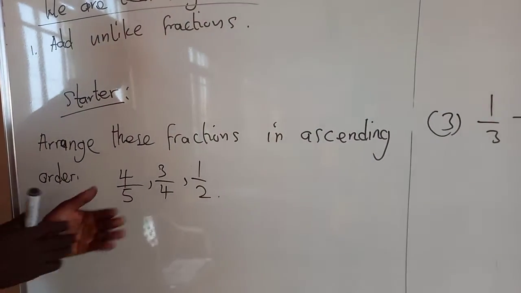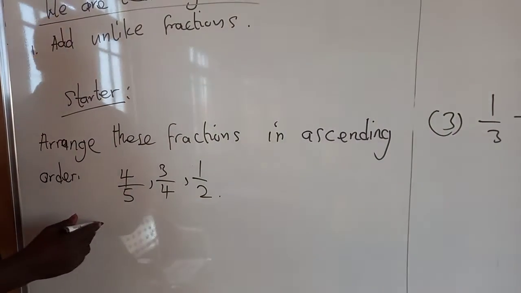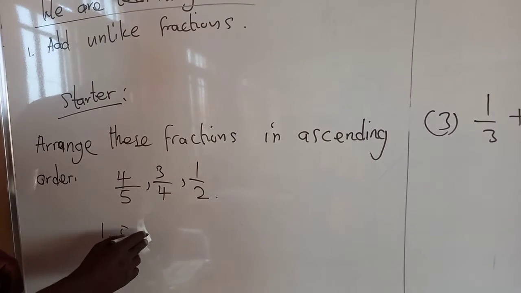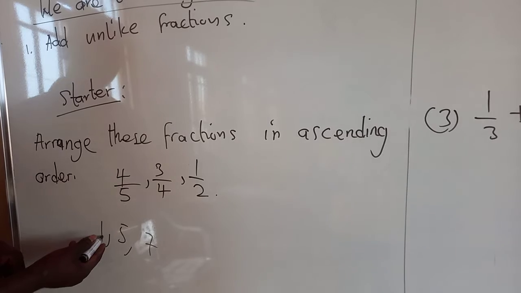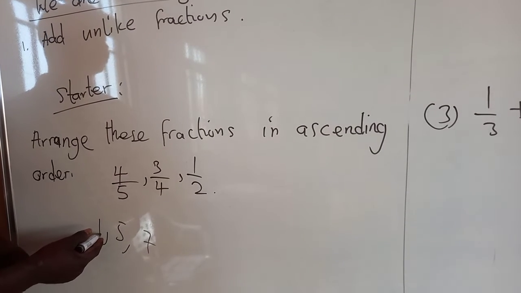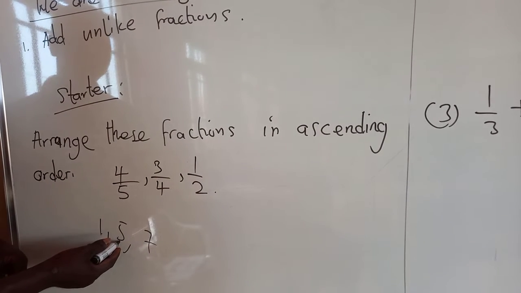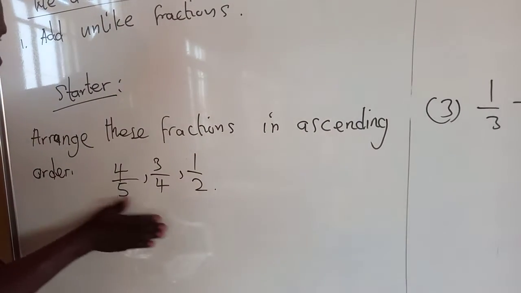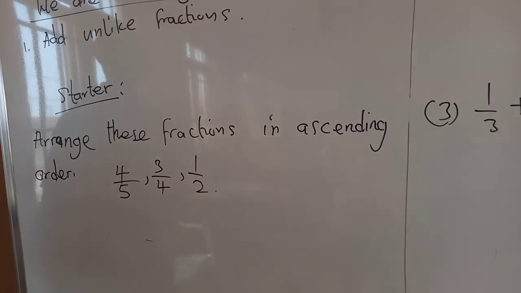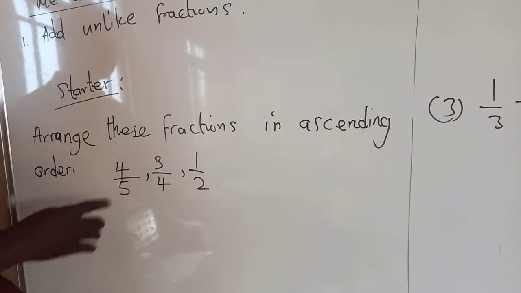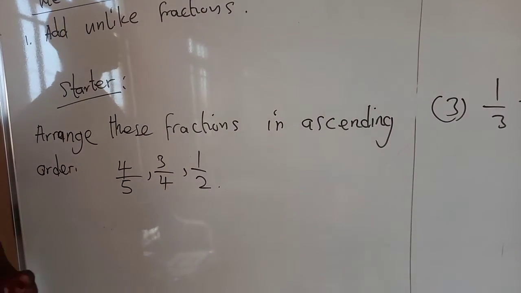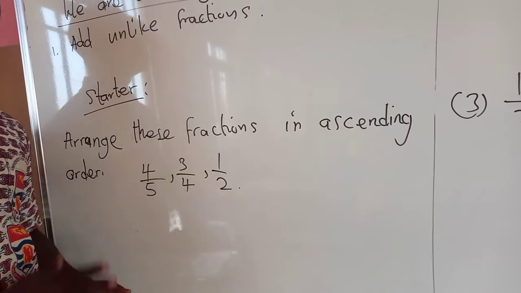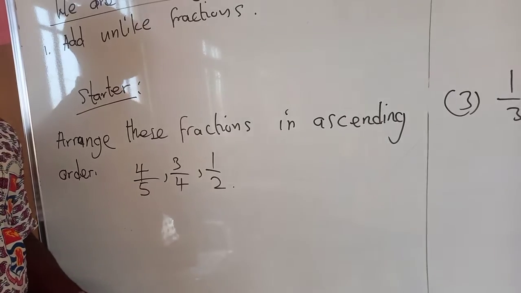If you have 1, 5, 7, you know that 1 is smaller, then 5, and then 7. But here, because of how the fractions are, unless we change all of them to one denominator, we cannot know which fraction is smaller than the other.